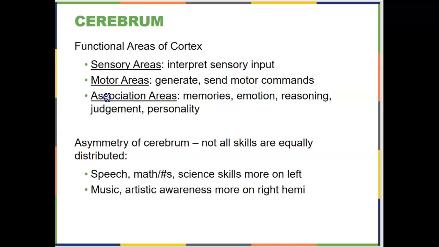It is true that the right and left sides of the brain have special wiring to accomplish special tasks, which kind of makes sense because it's a good idea to distribute the work, right? Speech and math skills tend to be more localized to the left. Broca's area and Wernicke's area are super important regions for speech.